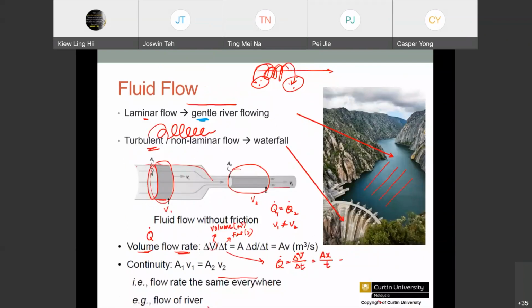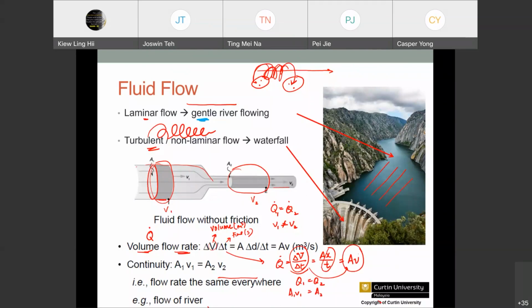Distance over time equals velocity. So area times velocity. So volume flow rate equals volume divided by time, which is also equal to cross-sectional area times velocity. So since Q1 equals Q2, we can conclude that A1 V1 equals A2 V2.